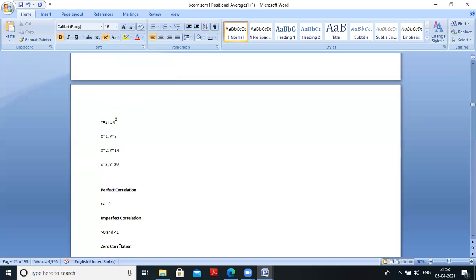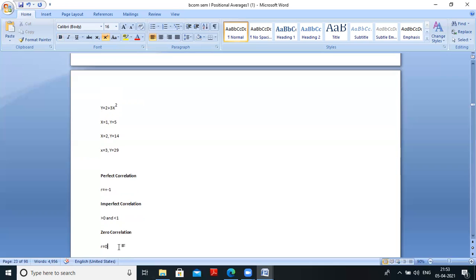Perfect means when change in one variable is associated with constant change in another variable, either in the same direction or in the opposite direction. If the change is in the same direction, then it will be +1. If it changes in the opposite direction, then it will be -1.